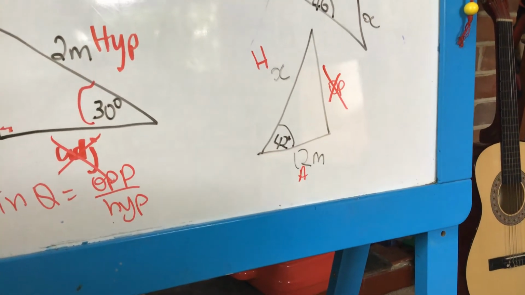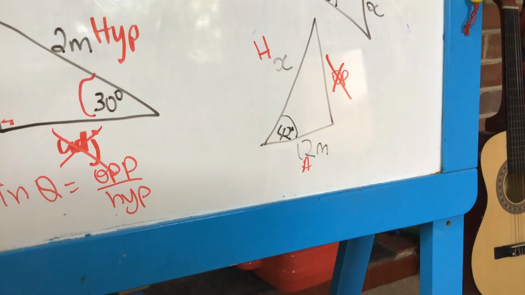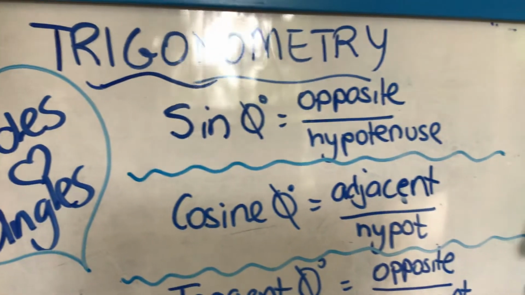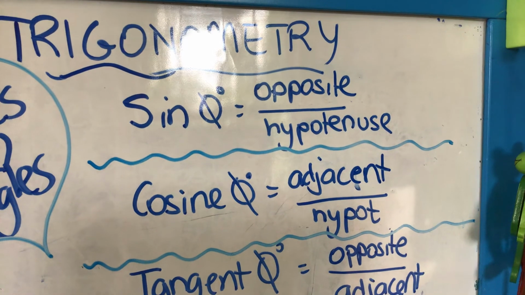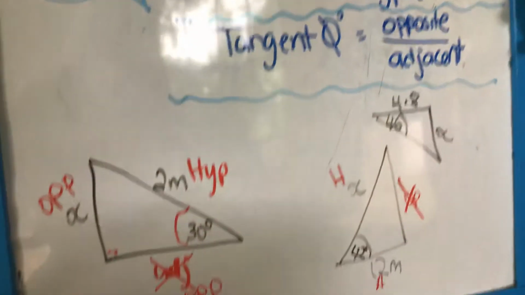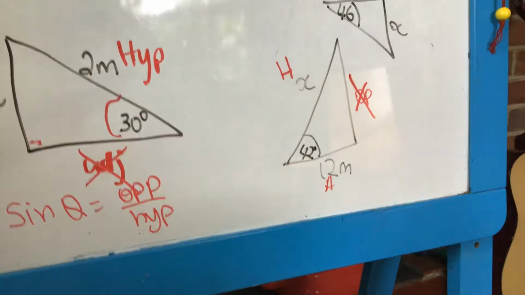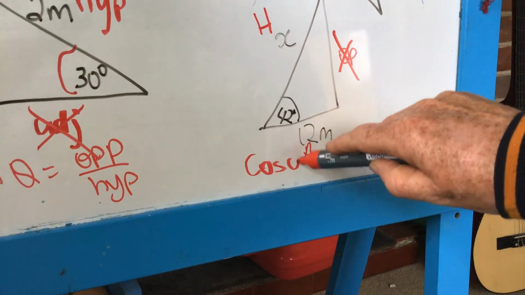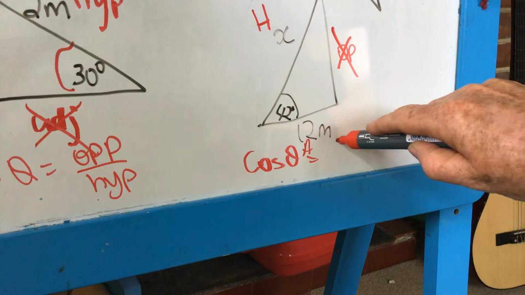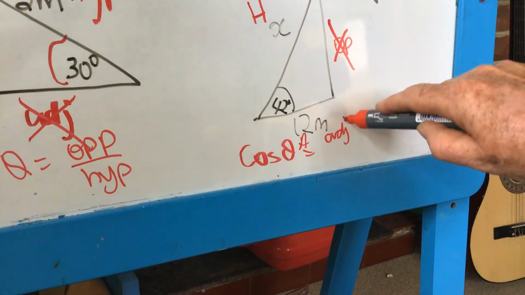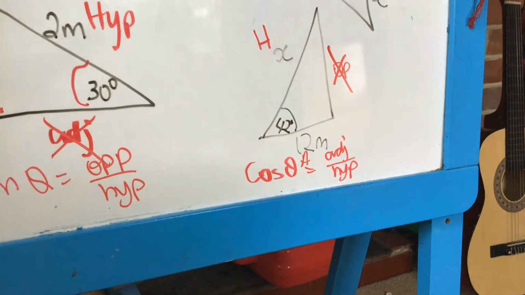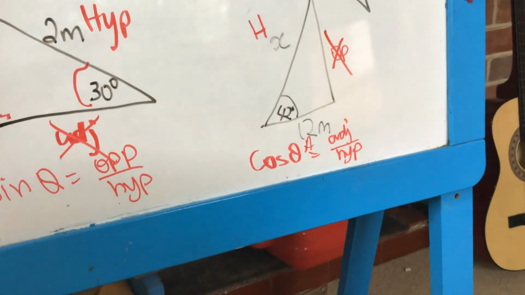So we are going to use adjacent and hypotenuse, which is the cosine rule. In our working, we write that the cos of the angle is adjacent over hypotenuse. My dodgy writing, it's hard to film and write at the same time.